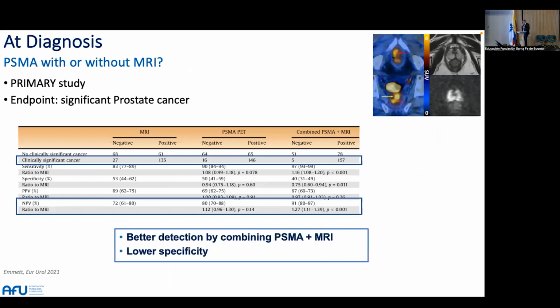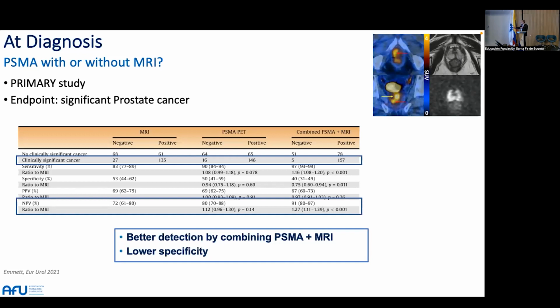First, at diagnosis. There is a study looking at PET PSMA with or without MRI to have a better detection of prostate cancer. And they conclude that when you use a combination, you have a better detection of prostate cancer.